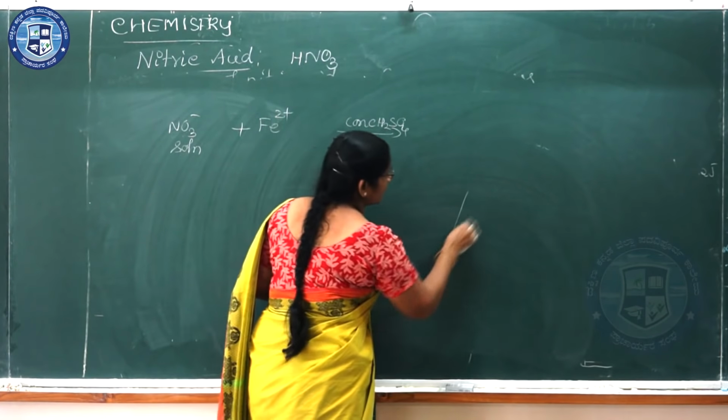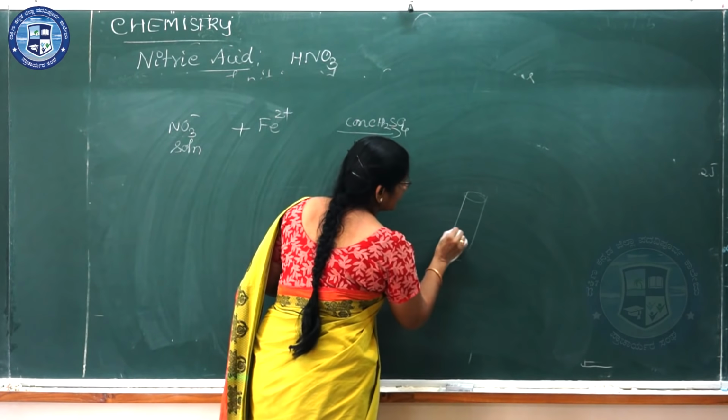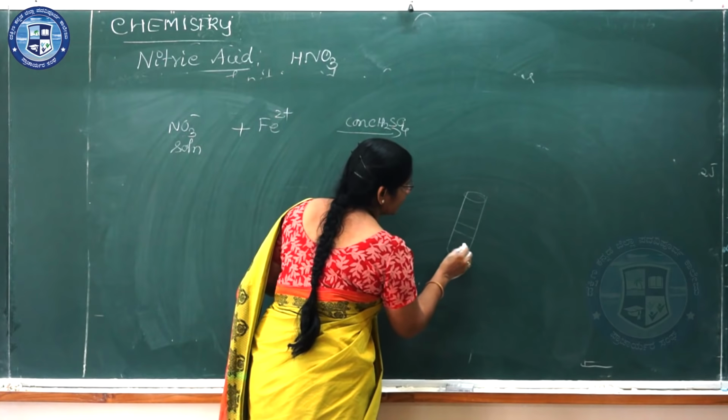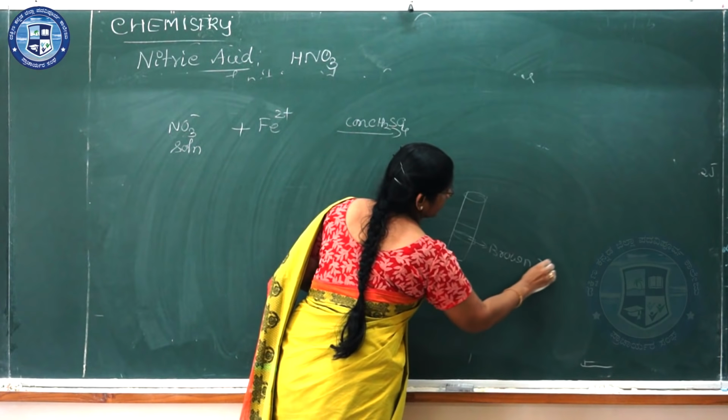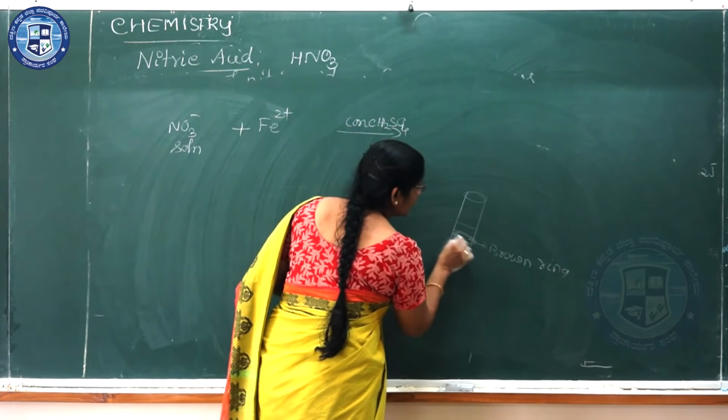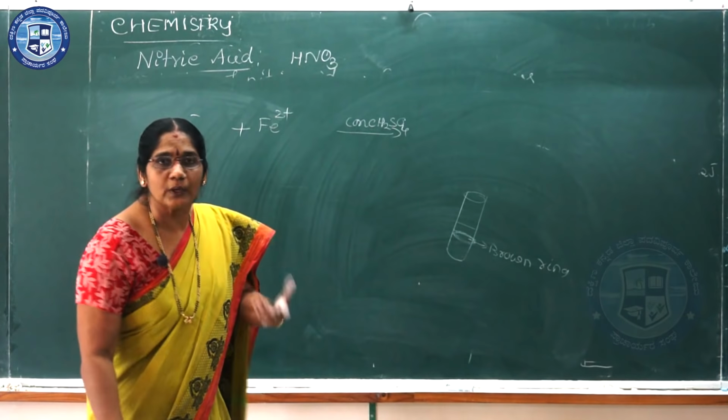The sulfuric acid comes down being heavier, and when the two meet, you see a brown ring. So a brown ring is formed at the junction of two liquids.